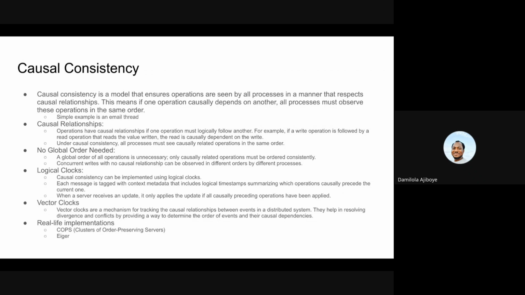It's kind of how TCP packets work as well. Packets can get sent and arrive at different times, and then the network card or something can rearrange those packets so that the bytes are correct. That's kind of what's happening in causal consistency.